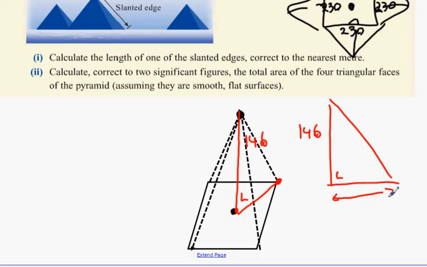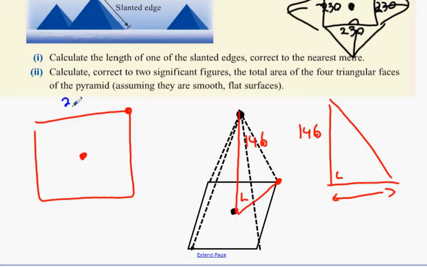Everybody right with that? I then go back to my square base, and I'm going to try and find out the distance of here to here. 230 one way, 230 the other way.